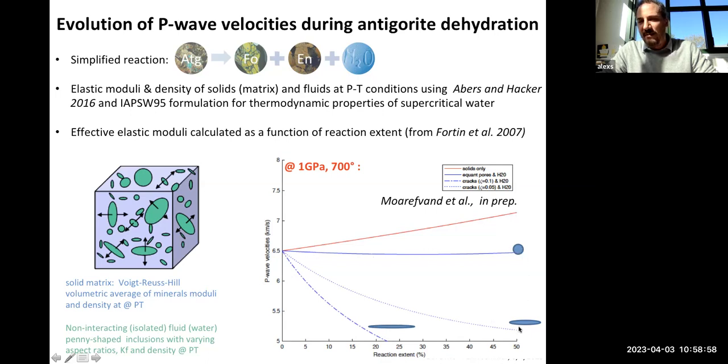And the only way you can explain a drop in velocities as a function of reaction is by putting them in crack-like inclusions. So it shows that not only does the reaction produce water, but it produces water that is incorporated, even at high pressure, into crack-like inclusions with very small aspect ratio.